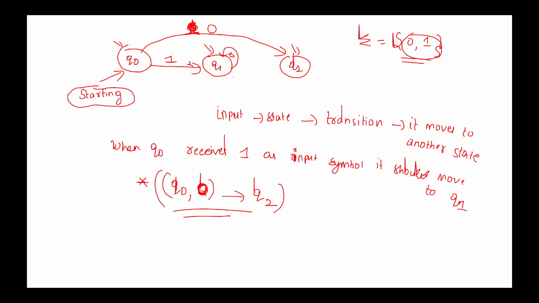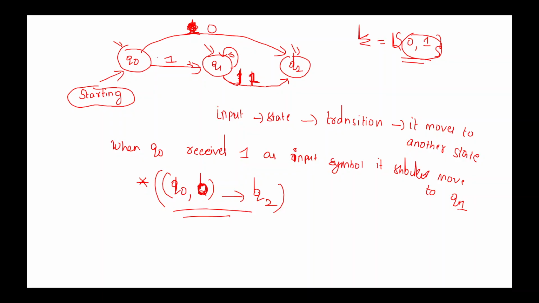Now if I leave the model like this it would be incomplete, because I did not define Q1 on the input symbol 1. So I have to mention the input path on 1 as well. If I say Q1 when it receives 1 as an input, it should move to Q2. So this is how I represent it.